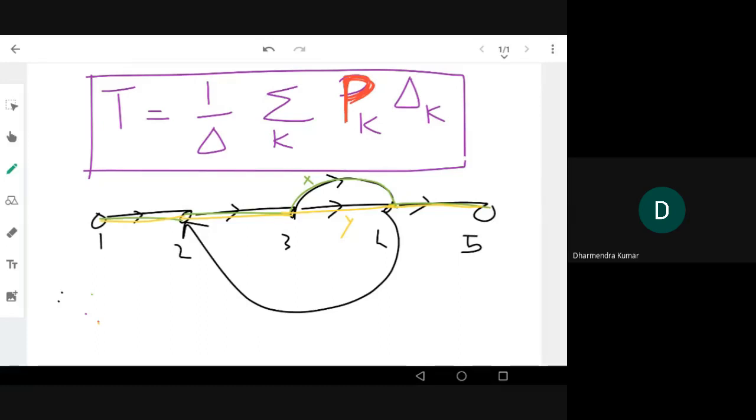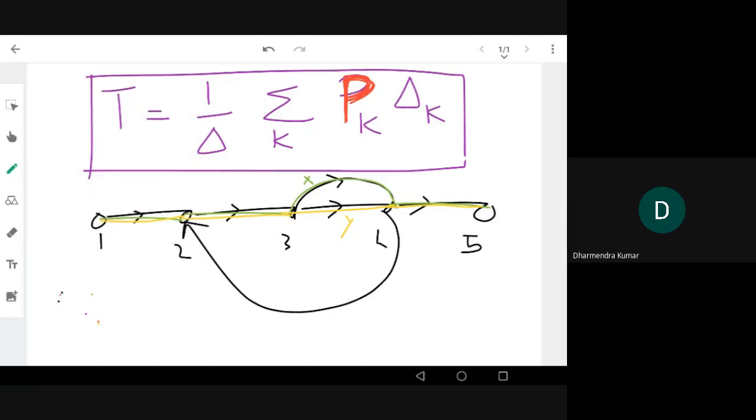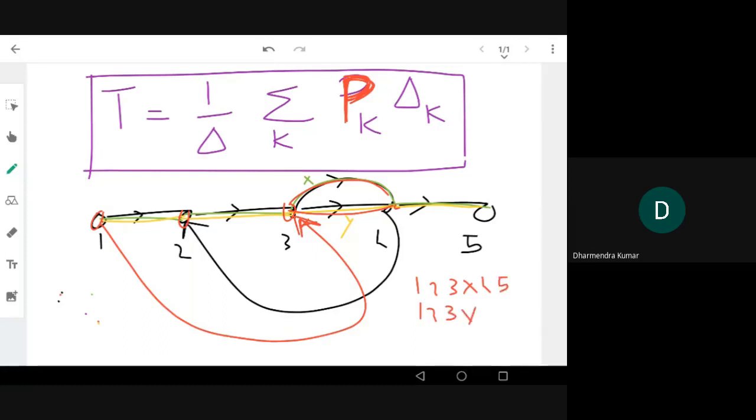Sometimes there can be another path like this, 1 to 3. Now how many forward paths are there? You know, x and y, that is 1 to 2, 2 to 3. There are two forward paths, through x and through y. So there can be two forward paths, that is 1 2 3 x 4 5, and 1 2 3 y 4 5.